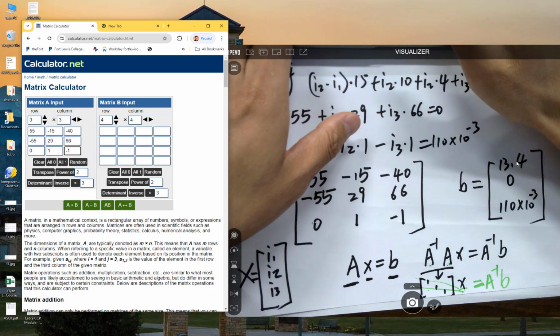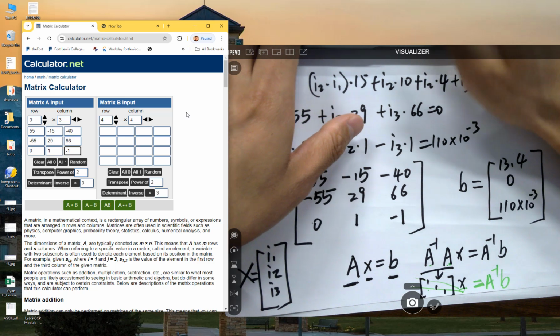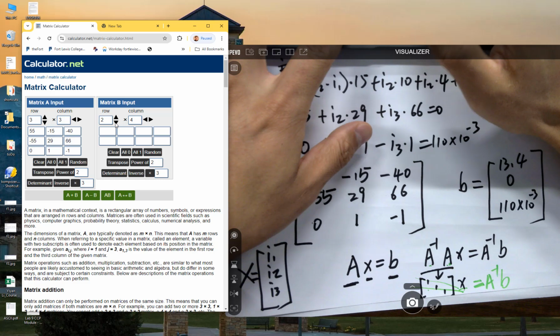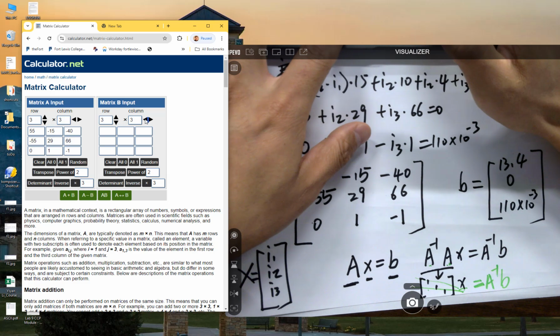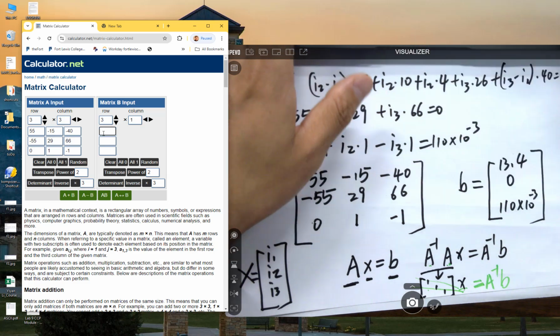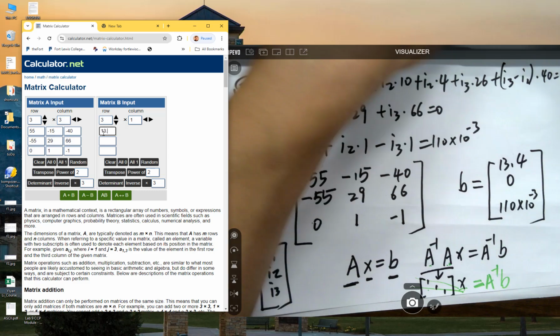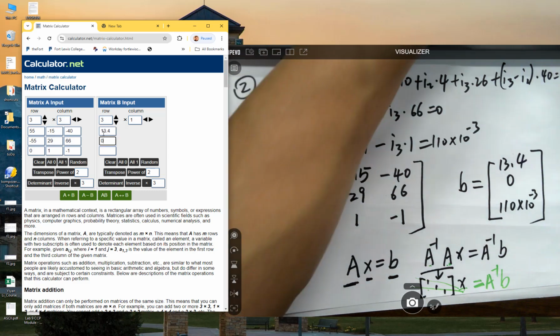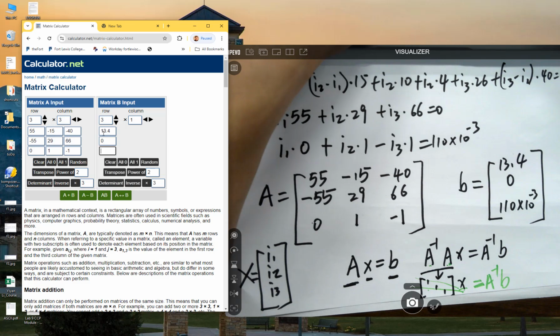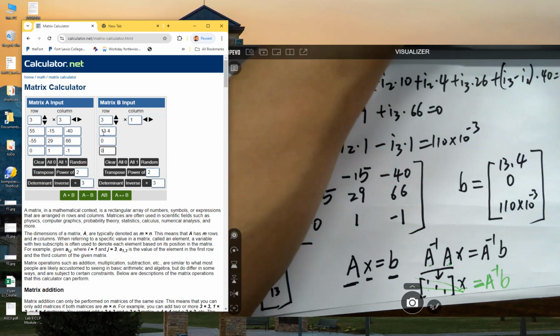And the B matrix is 3 by 1, which is 13.4, 0, 0.11.